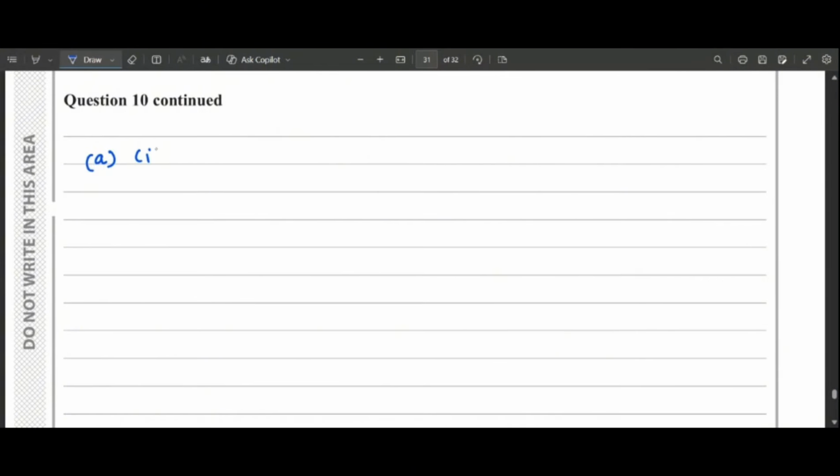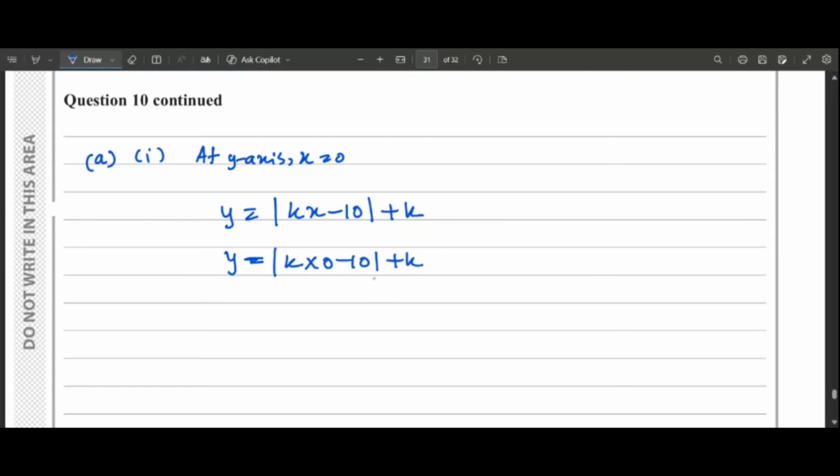for part A1, we have to find the y coordinate of A. To find the y coordinate of A, we will use the information that at the y-axis x equals 0. We know our equation is k|x minus 10| plus k. So we can substitute x equals 0 in our equation. This will give us k into |0 minus 10| plus k, which is |minus 10| in modulus plus k.